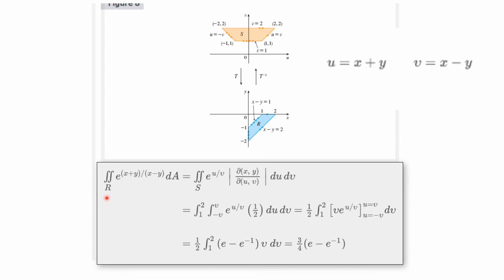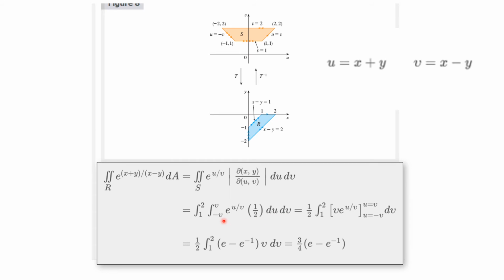So with this substitution, we're going to evaluate this. Using our theorem, the double integral over R of e^((x+y)/(x−y)) dA is the same as the integral over S of e^(u/v) times the absolute value of the Jacobian, 1/2, du dv. And this then, we integrate first with respect to u, and then with respect to v. By the way, it would have been not easy, or in fact impossible, to do if we tried to integrate the other way, but we're doing it this way.